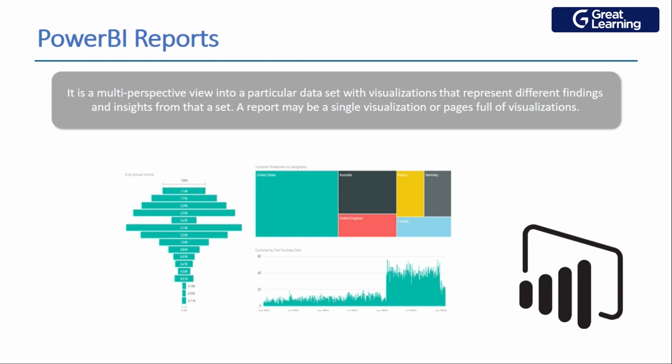A report may be a single visualization, or it could be multiple pages of different visualizations. So here your data set is single. Please note that. In Power BI, you can create your reports and you can edit the data that is there in your reports. But when you publish it as a dashboard is where you can interact with the data, but it is difficult to change your data once it is published in the form of a report.